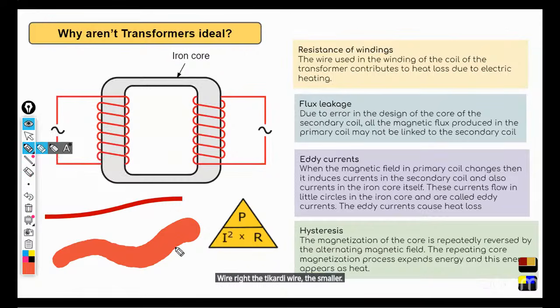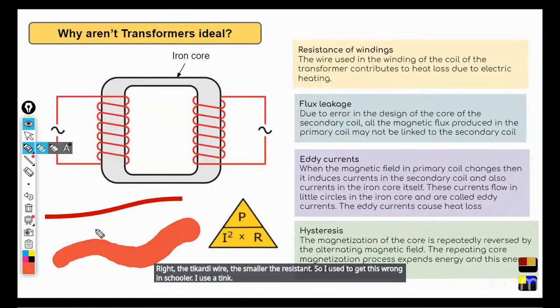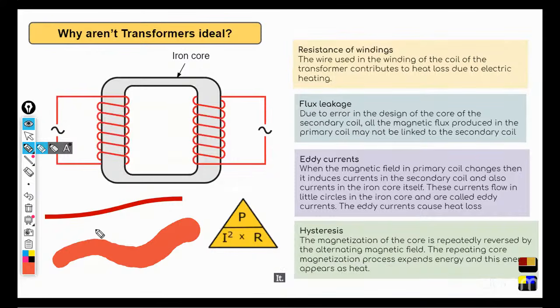I used to get this wrong in school. I used to think if a wire was thinner, it had a smaller resistance. That is not true. Thin wires have a larger resistance, capital R is for resistance. Thicker wires have a smaller resistance.